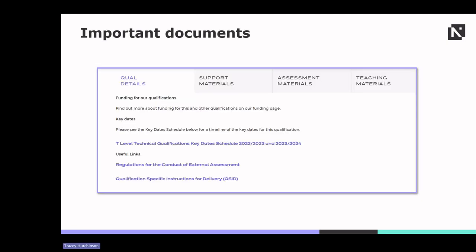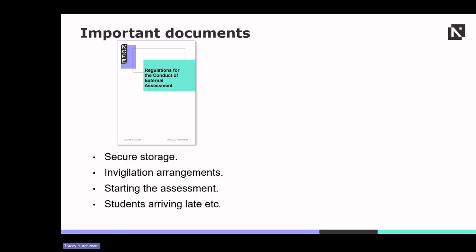In regards to important documents, at the bottom of each Qual Details tab on the NCFE qualification page, you will see links to 3 useful documents. First, you have the key date schedule, which lists all assessment series for the next 2 academic years. There is also the Regulations for Conduct of External Assessment, which contains generic instruction for assessment, such as secure storage, invigilation arrangement, starting the assessment, and factors such as students arriving late.